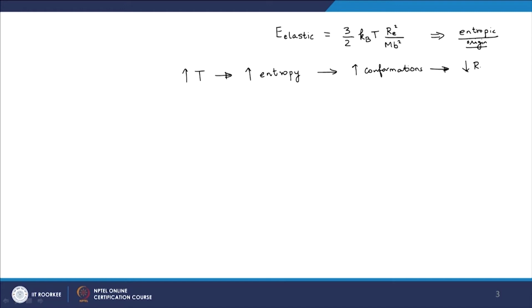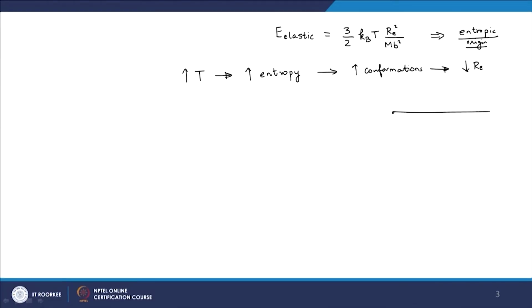You can think about this: the larger number of conformations will correspond to the case when the value of Re is small. Think of an extreme case, a chain that is completely stretched. In that case there is only one conformation of the chain when the end-to-end distance is the same as the contour length. But if I think of, say, Re equal to Lc/2, then that can be achieved in many conformations.